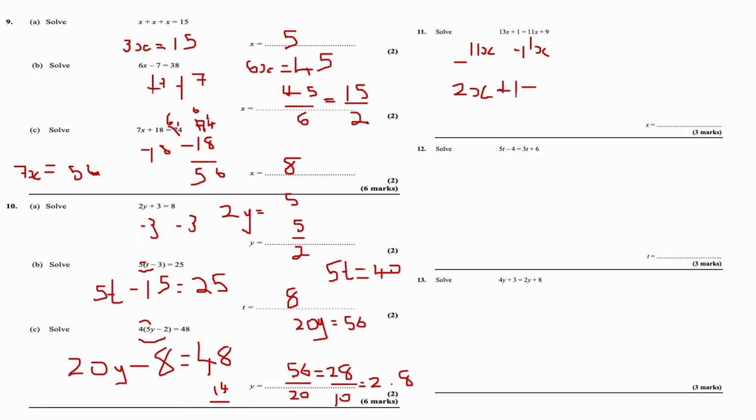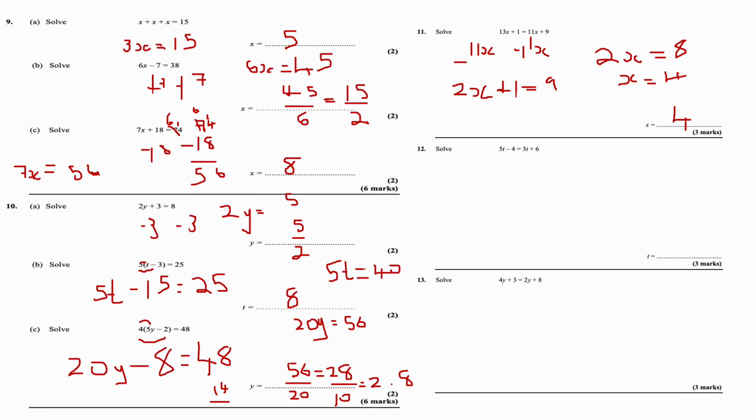Taking away the 1 on both sides, I get 2x is equal to 8. Dividing both sides by 2, guys, I get that x is equal to 4. Okay, x equals 4.